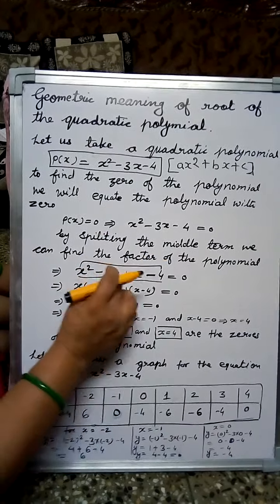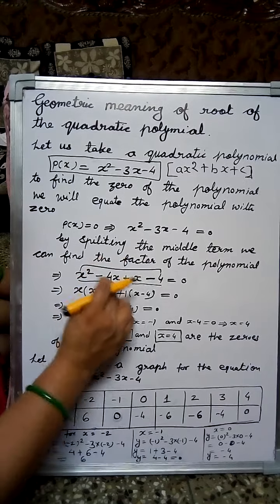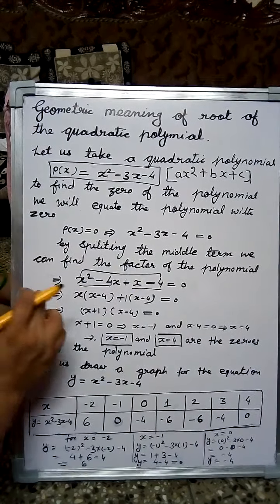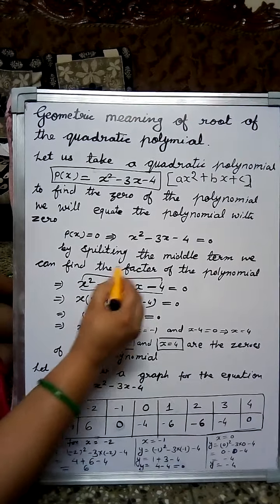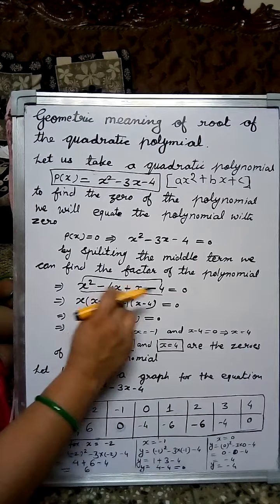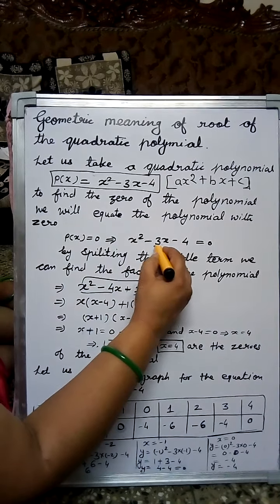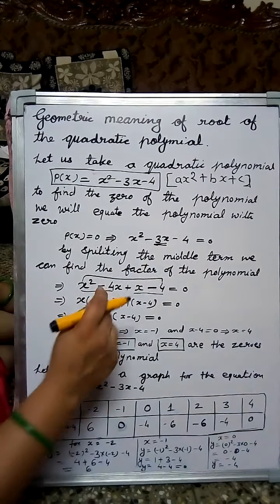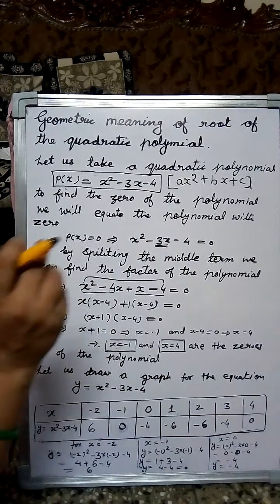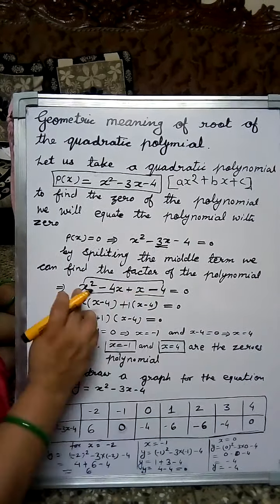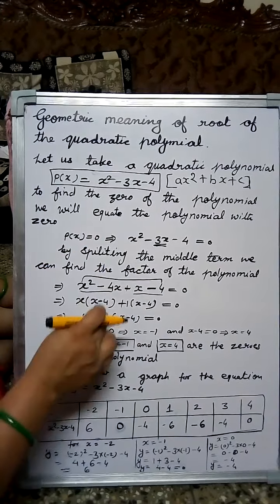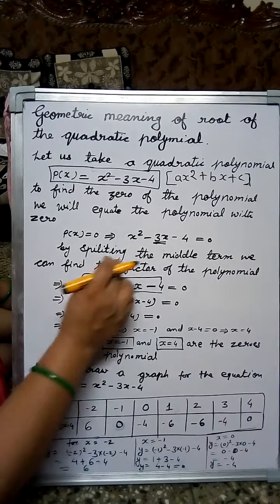So we can see the product of the middle terms is equal to the product of the extreme terms. Also, the sum of the middle terms should be equal to the middle term of our polynomial p(x). So minus 4x plus x is equal to minus 3x. In this way we can split the middle term. In class 8, you have also learned how to split the middle term.